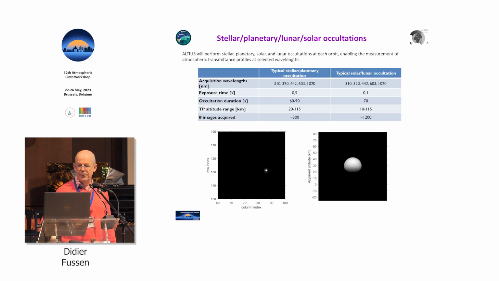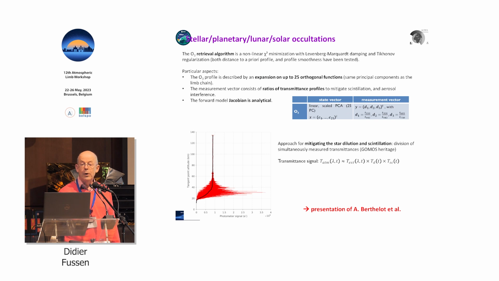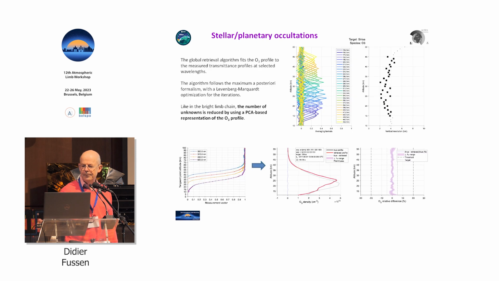We also have stellar, planetary, lunar, and solar occultations. Antonin will also present the way we are planning to handle this well-known scintillation problem that we know since GOMOS, and he will show how we are going to mitigate this residual modulation due to scintillation.